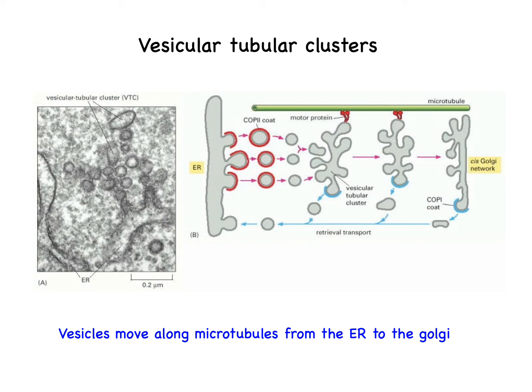So when a vesicle buds off from the ER, it moves along that path to the Golgi, and then when the proteins have finished their job, they bud off and move back to the ER again, not floating around hoping to find the ER, but moving along a scaffold.